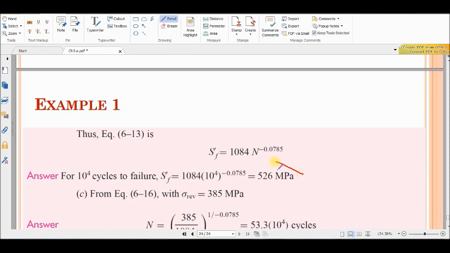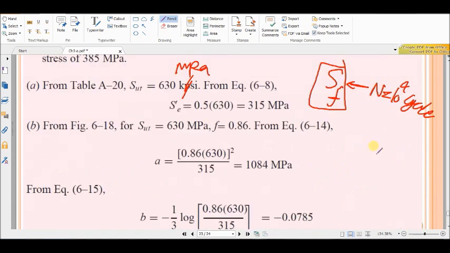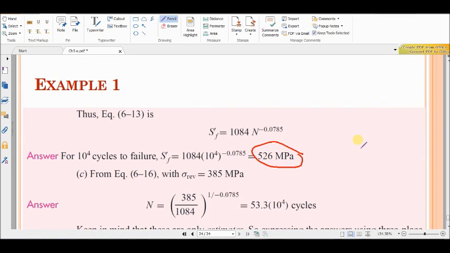Then you will find this fatigue strength. That means if you apply this stress on the rotating beam under lab condition, the life will be 10 power 6.